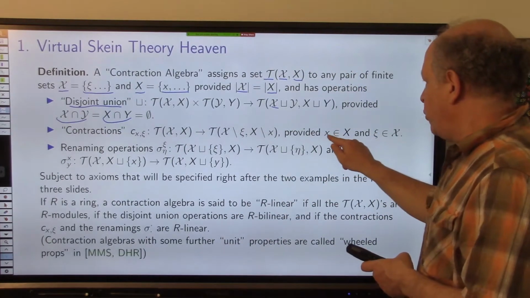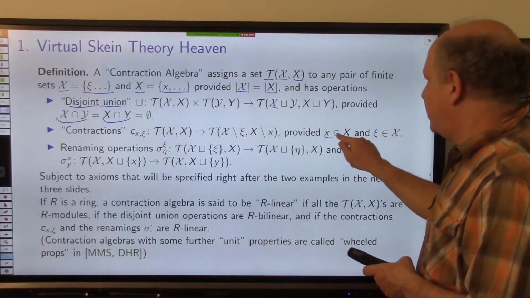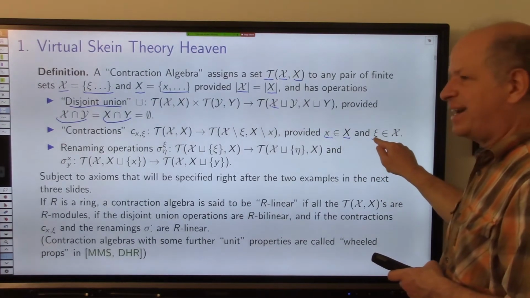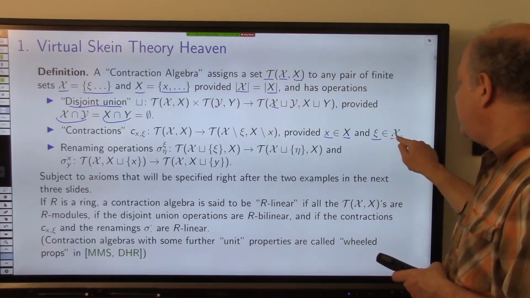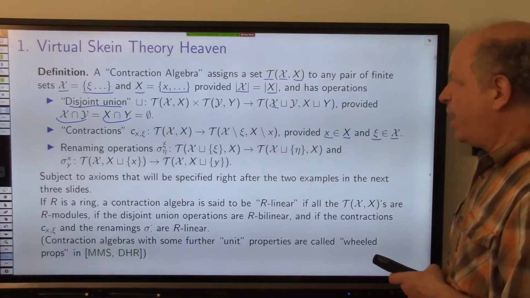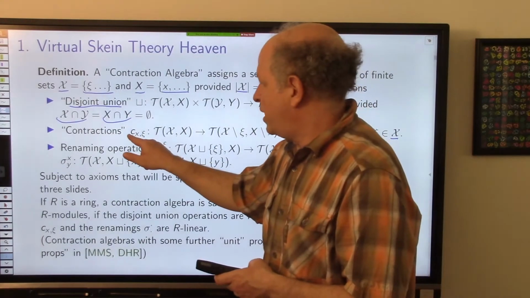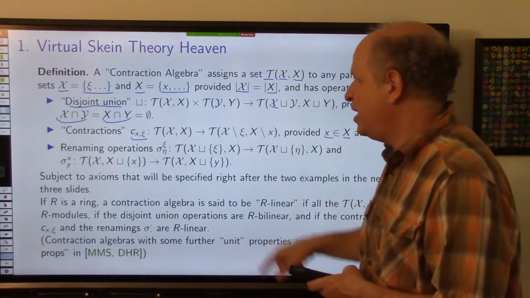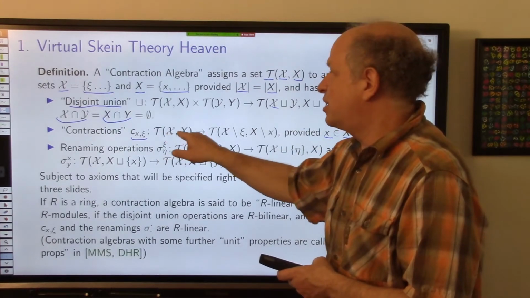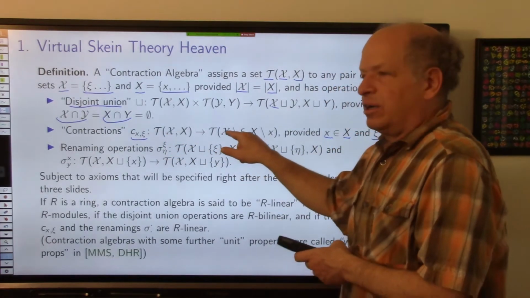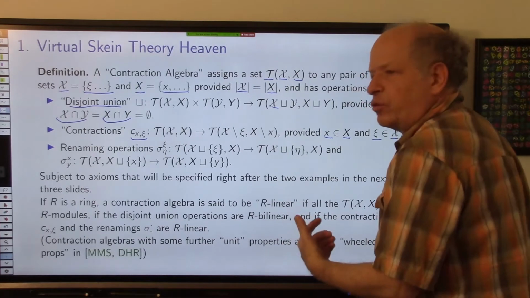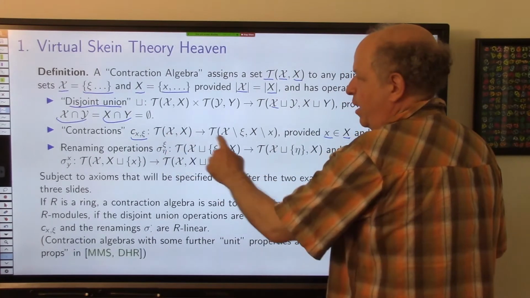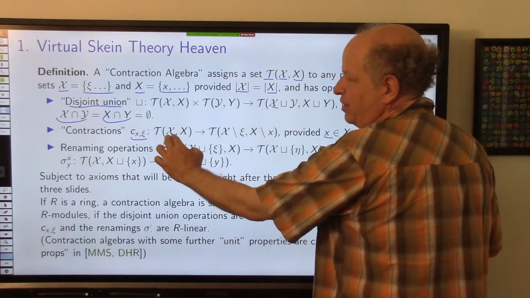So if you have a lowercase x in uppercase x, and if you have a Greek psi in calligraphic x, then there is a contraction operation c_x^psi going from T of calligraphic x and x into, well, one thing that the contraction operation does is to remove one element from the target set.